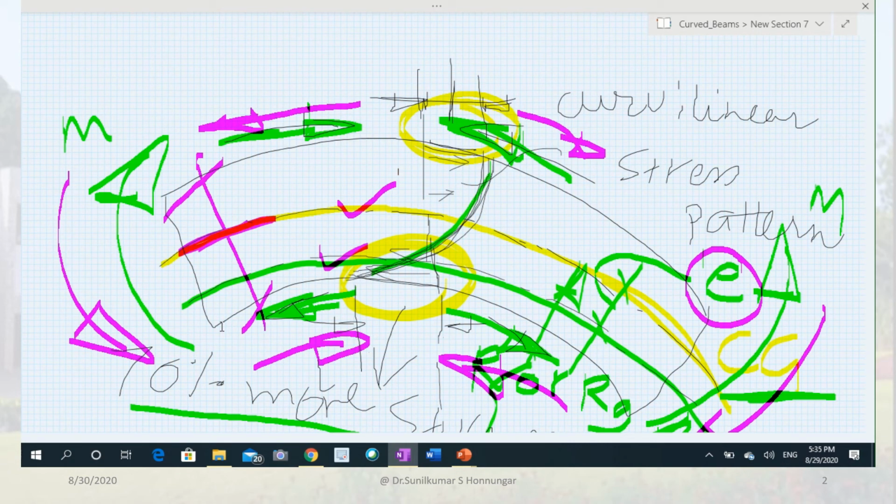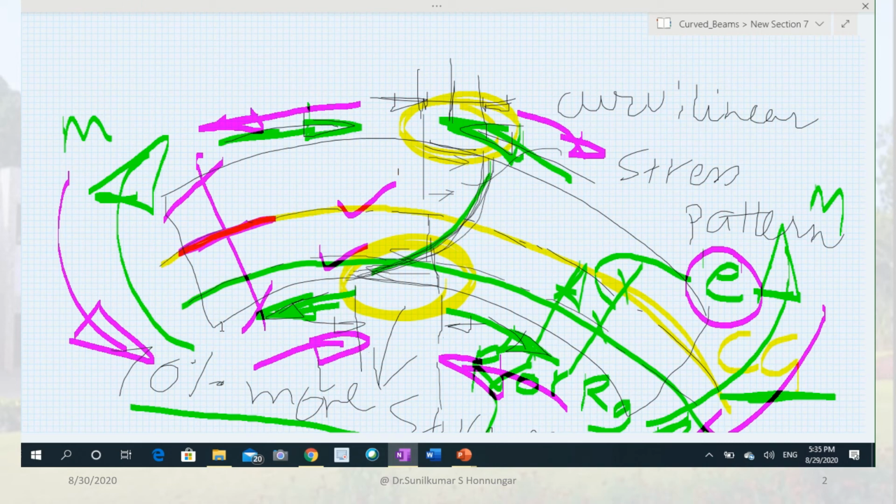In a curved beam, it is the other way around. The central axis and geometrical axis are not the same; they differ by a small distance called E, the eccentricity, and the neutral axis is always smaller than the geometrical axis. Stress variation across the cross section is non-linear and non-symmetric with respect to the neutral axis.